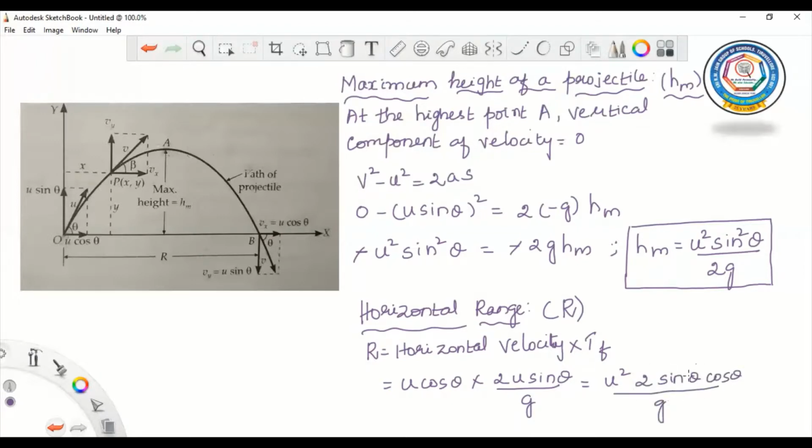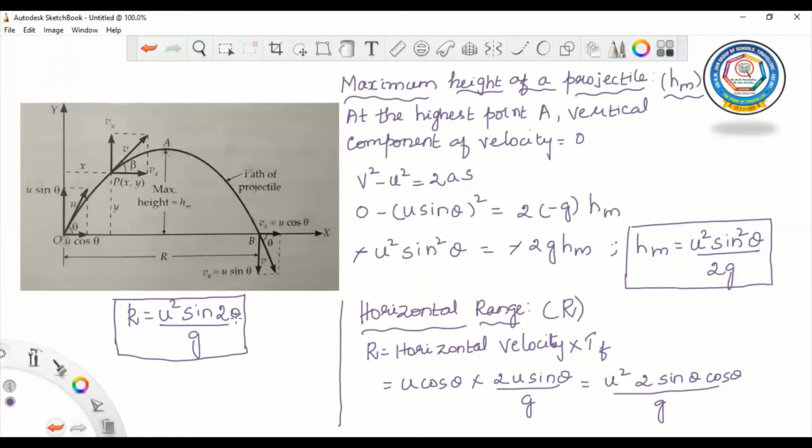This term 2 sin theta cos theta is nothing but sin 2 theta. So R is equal to u square sin 2 theta divided by g. This is also very important.